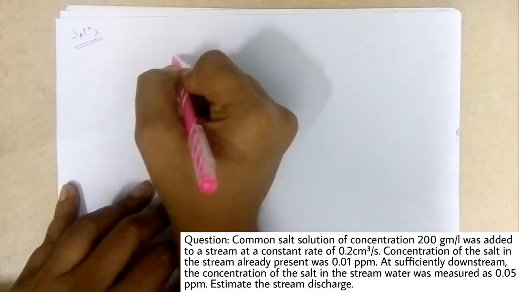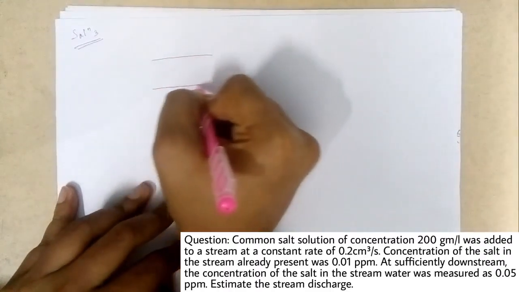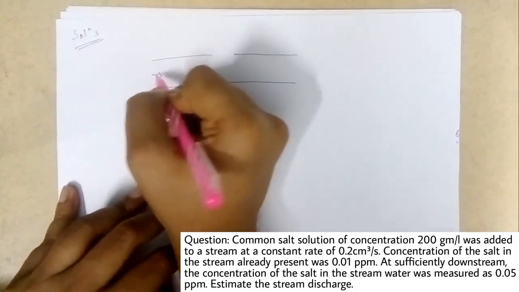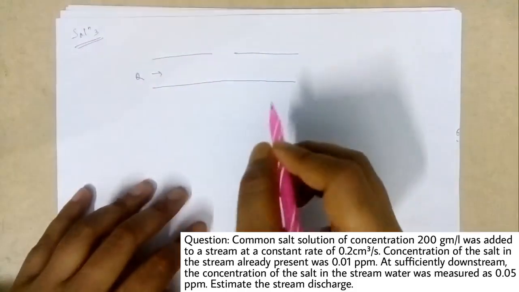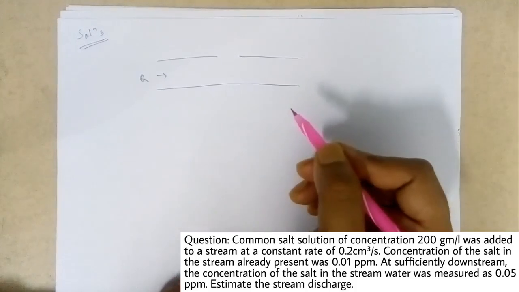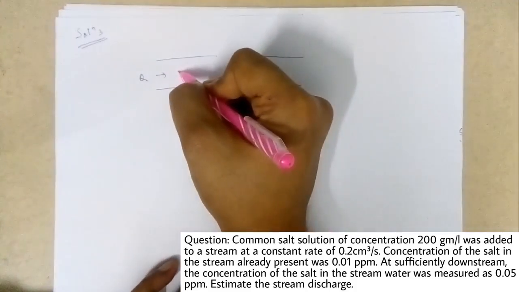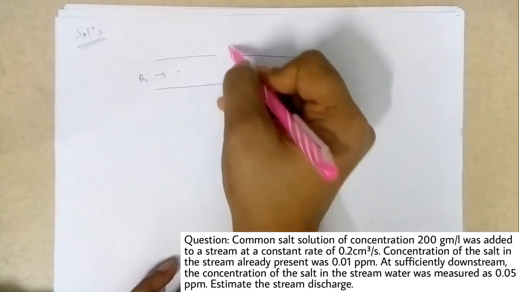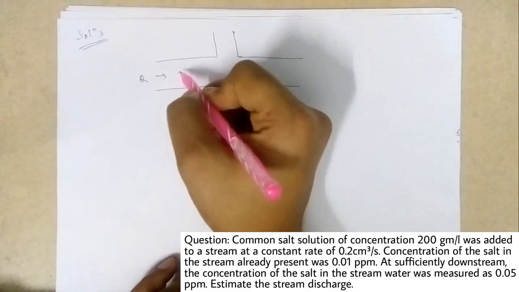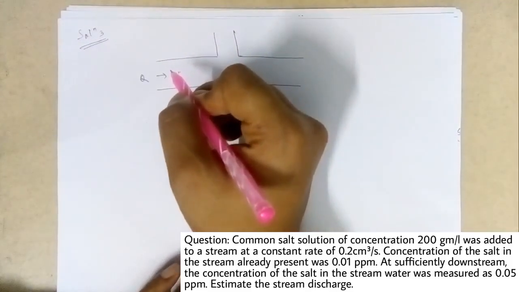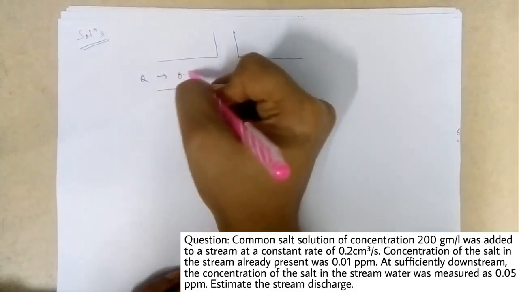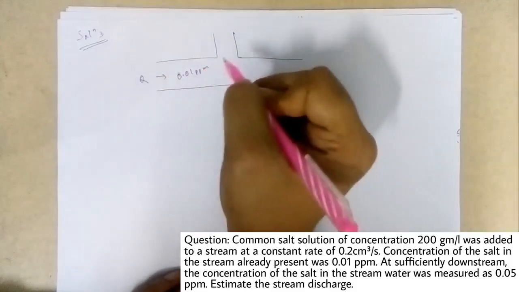So as per the question, suppose this is our particular stream that is flowing, and we have to estimate the value of Q, the actual discharge of the stream. One sample is taken at this point, before the salt is added by us, and it is said to have a concentration of 0.01 ppm.